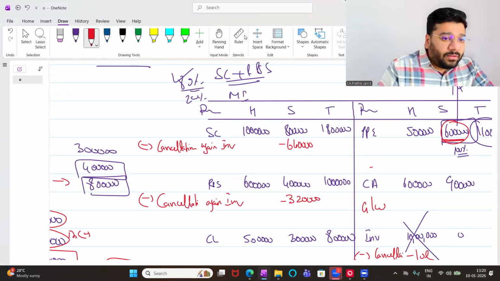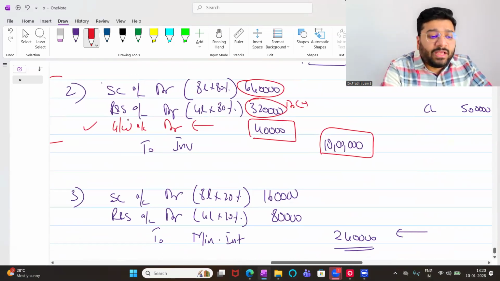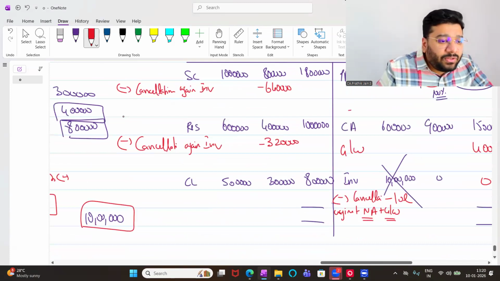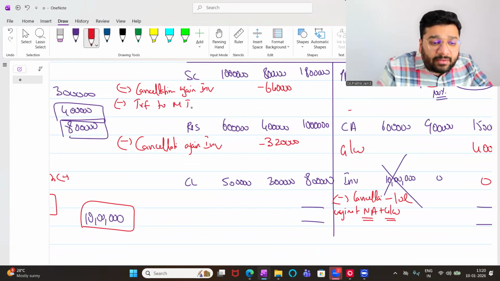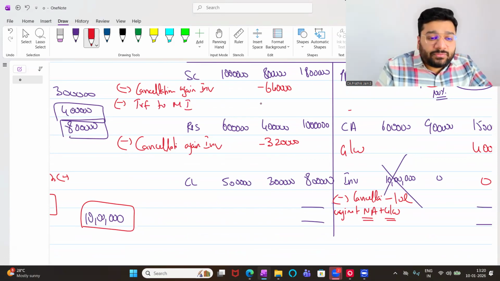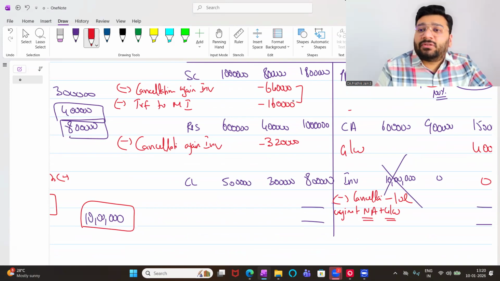Now, guys, we gave the impact of the second journal entry, but the third journal entry impact is not given. Share capital debit means minus. So minus, transfer, cancellation of this and transfer to minority interest. Any problem? How much? 1,60,000. So 640 plus 160 is equal to how much? 8 lakhs.